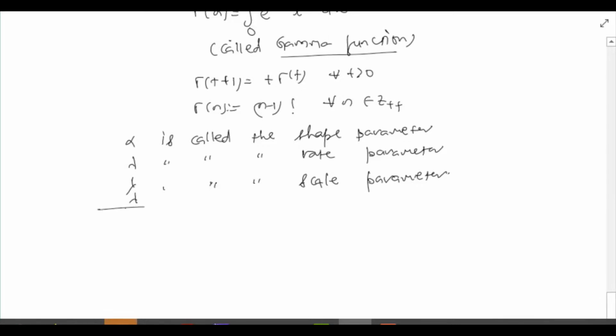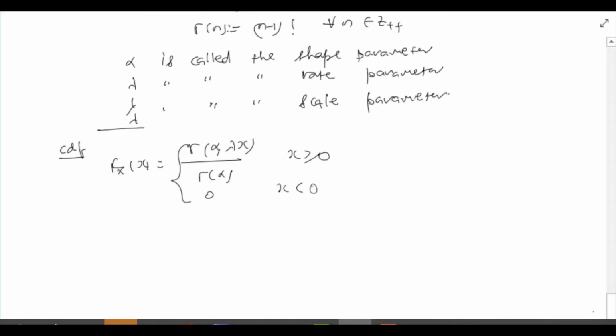The CDF of the gamma distribution can be written as follows. CDF F(x) is small gamma of alpha, lambda x, divided by gamma alpha for all x greater than or equal to 0, and it is 0 for all negative values of x.